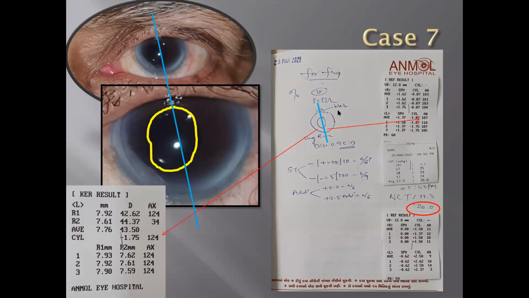You can see the bleb at about 110 degree axis, and you can see the keratometry is also showing cylinder at 124 degrees, and the refractive axis, this is the left eye, is 107, and with correction you can see minus 1.5 diopter cylinder at 100 degrees gives 6/9 visual acuity, but the pupil is slightly large and distorted, so the visual acuity does not go to 6/6, but near vision definitely improves with 2.5 diopter addition to N6.